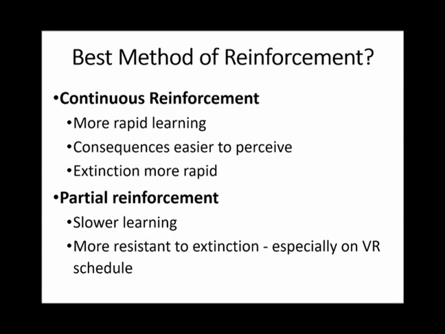The downside here is that our extinction, losing that association, will be very, very rapid with continuous reinforcement. So imagine that every single time the rat pushes the lever, they get food. And then if you, as part of your experiment, want to see what happens if you don't have the lever press get them food on a trial or 2 or 3, the first time the rat pushes that lever and doesn't get a food reward, that's weird.